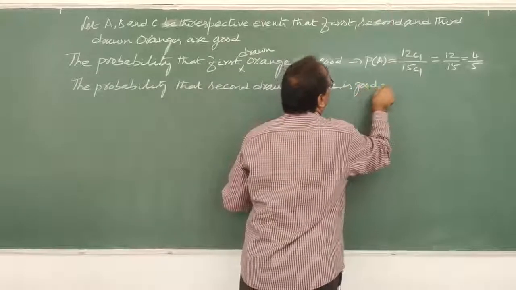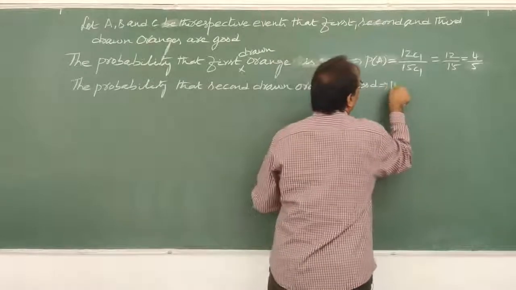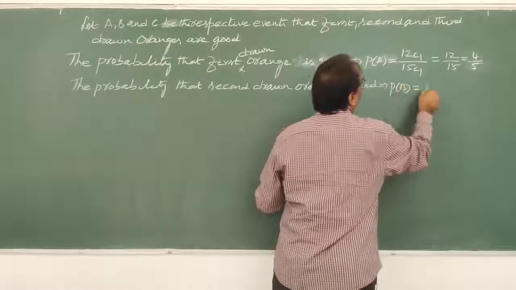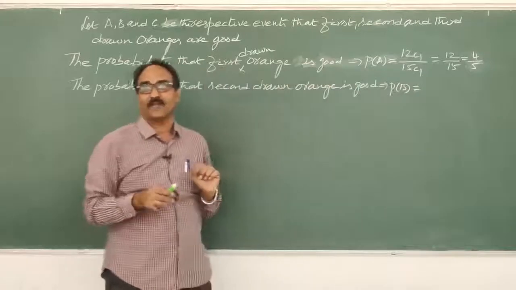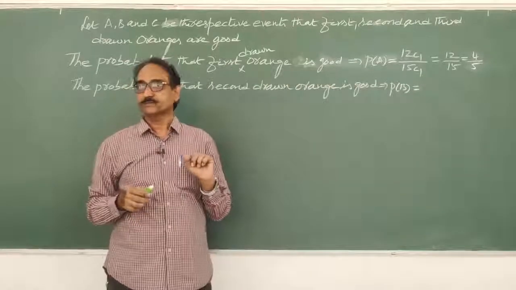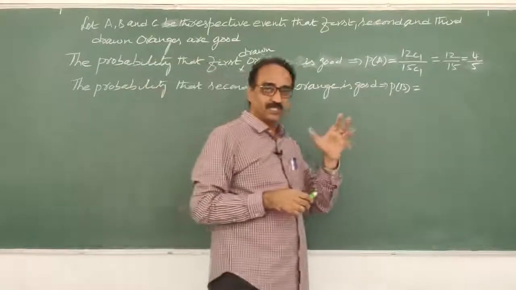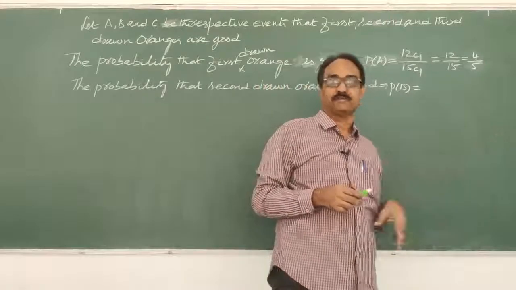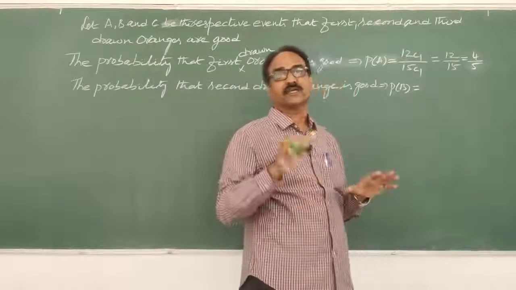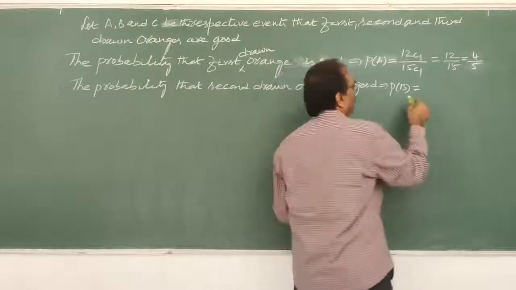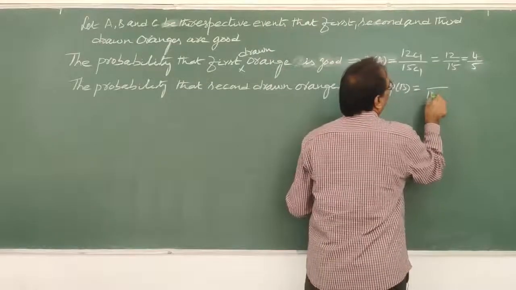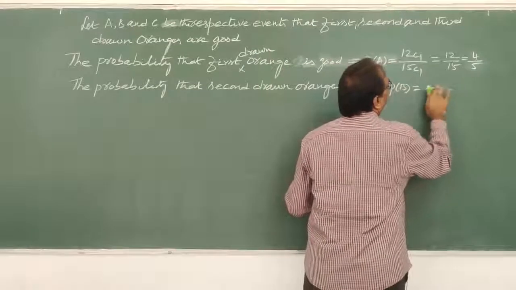So how much will come now? This implies P of B. So second drawn orange is good means what will happen now? You have to see now. The first orange which is drawn, he kept outside. So the total number of oranges is only 14. So therefore in the denominator 14 C1 will come. Out of 14, one orange you are getting.